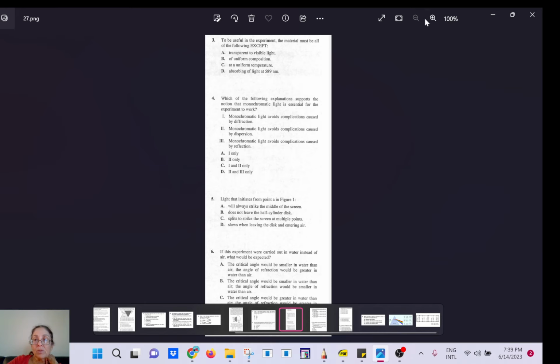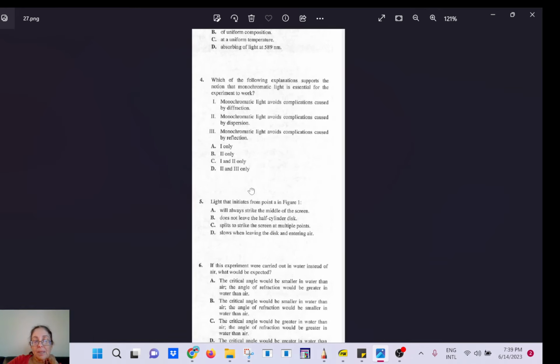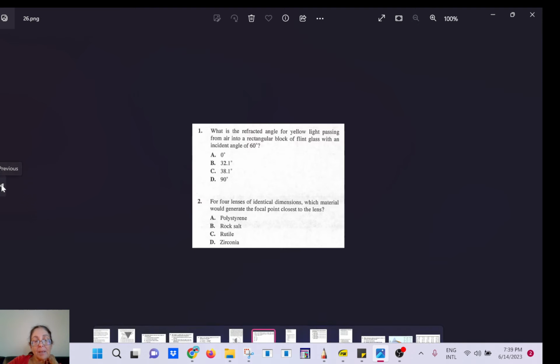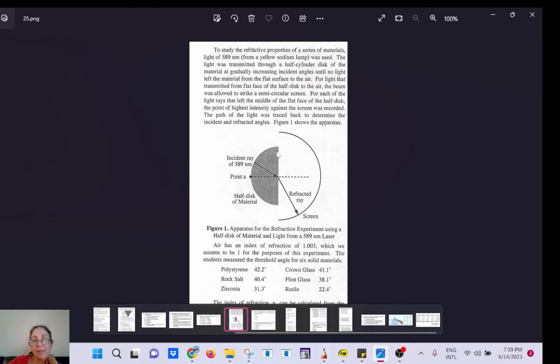So this one is tricky. Okay, so you want to look at the answers and think about it. So if you have this same experiment, but now you place that lens inside water, instead of air. So if you have water and not air, you still go from slower to faster.